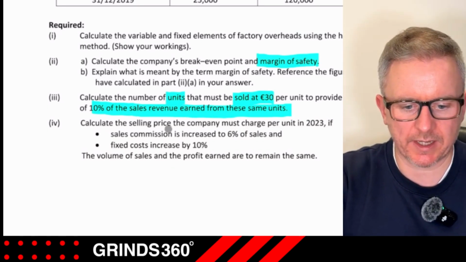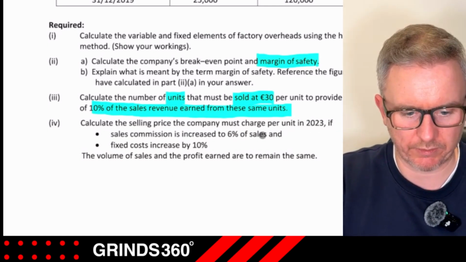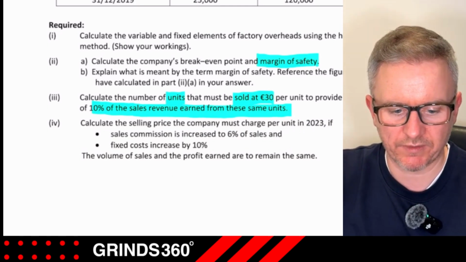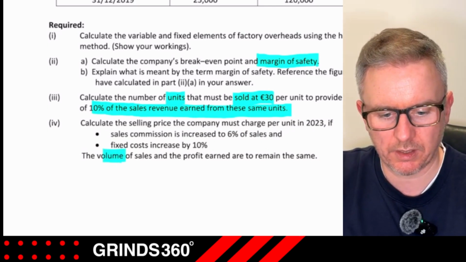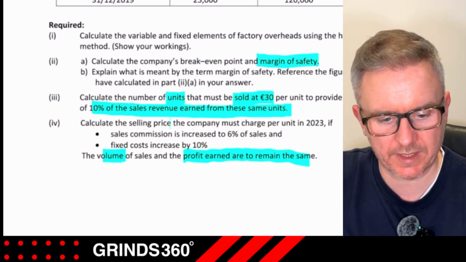So calculate the selling price the company must charge per unit in 2023 if the sales commission is increased to 6% of sales and the fixed cost increases by 10%. The volume of sales, so that's the number of units, and the profit earned are to remain the same. So what are they looking for here? The selling price.